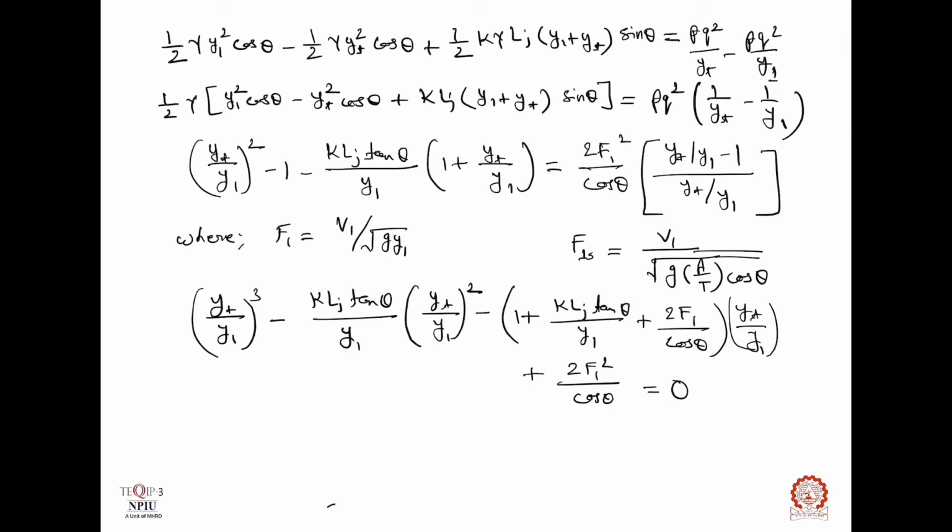In this equation we multiply yt divided by y1 on both the sides, then this form will come out.